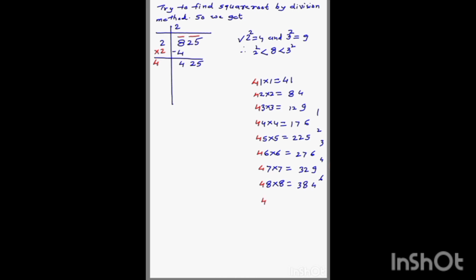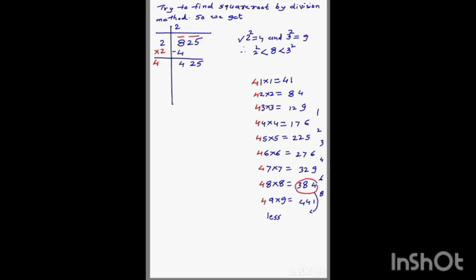Now 49 into 9. See how simple it is going. 9 into 9 is 81, write 1, carry 8. 9 into 4 is 36, plus 8 is 44, so 441. This is greater than 425, so we take the number 384 because it is lesser than 425.